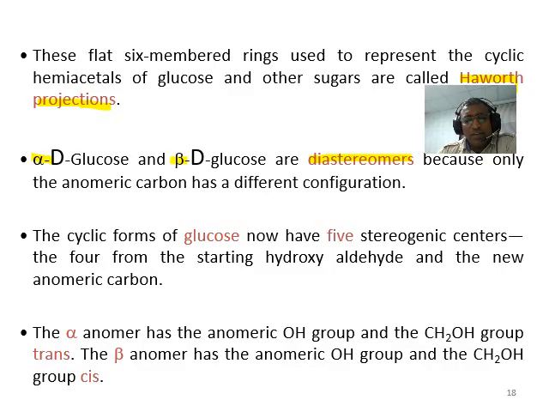If it's in acyclic form, it will have four stereogenic centers. But as soon as it forms the anomer, the hemiacetal, it will have five stereogenic centers. Okay? And lastly, the positioning of alpha anomer is trans as well as beta anomer is cis, which I already described to you.